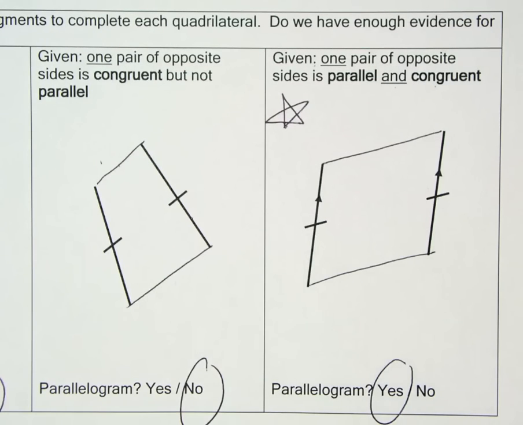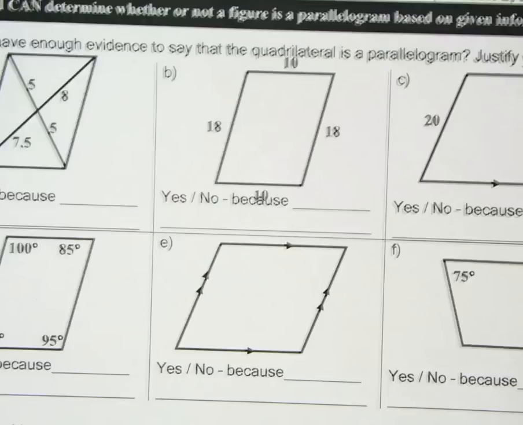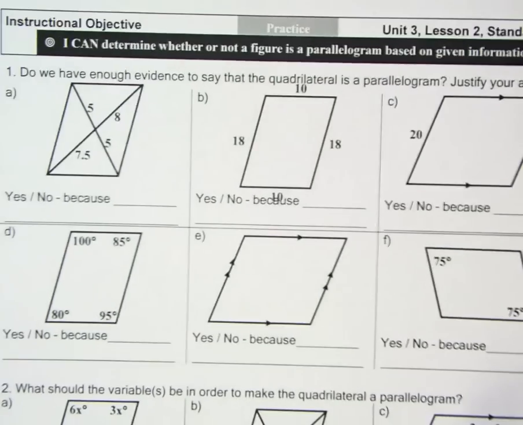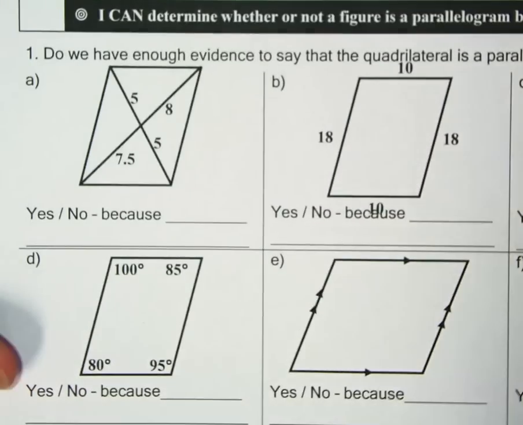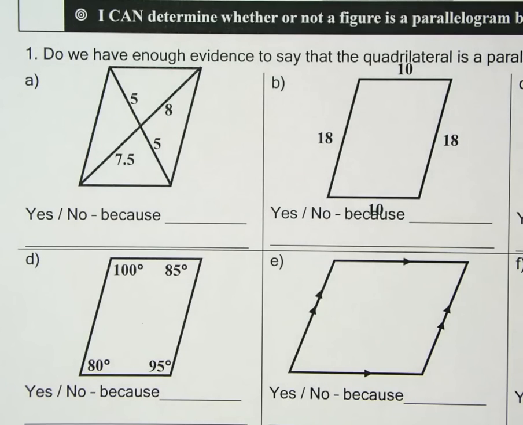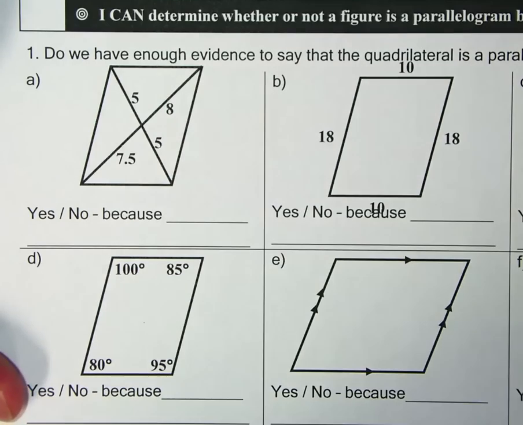Let's take these ideas and run through a few to make sure you feel okay with it. So if you look at this one here, do a couple practice problems. Do we have enough evidence to say that this quadrilateral is a parallelogram? And I have to justify my answer. So if you look at this first one, notice we're dealing with diagonals, and you remember that diagonals are supposed to bisect each other.